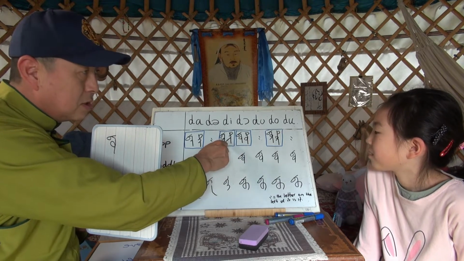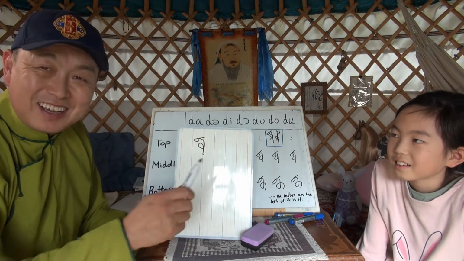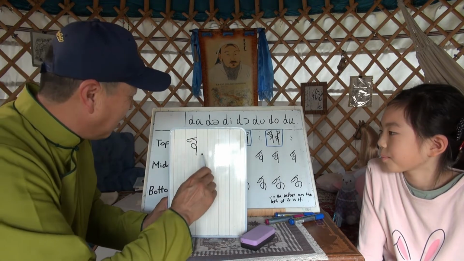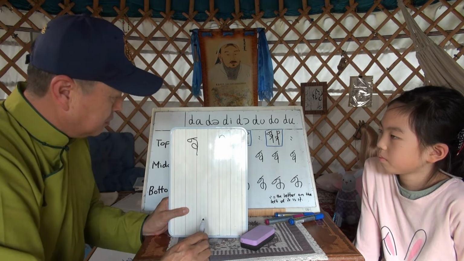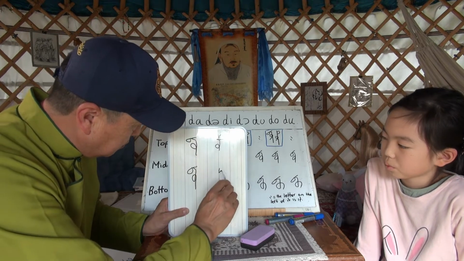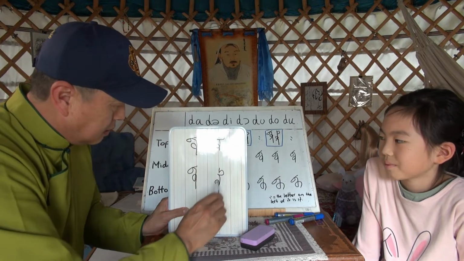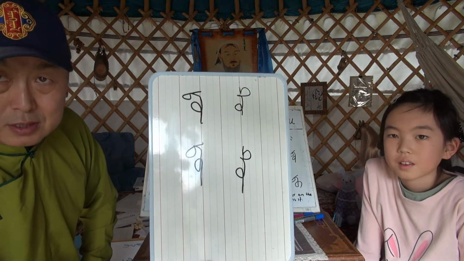This one is mostly for writing foreign words, like daddy. We're gonna write that later. Da. Do. Exactly the same. Let me write it properly. Do, da, do look exactly the same.